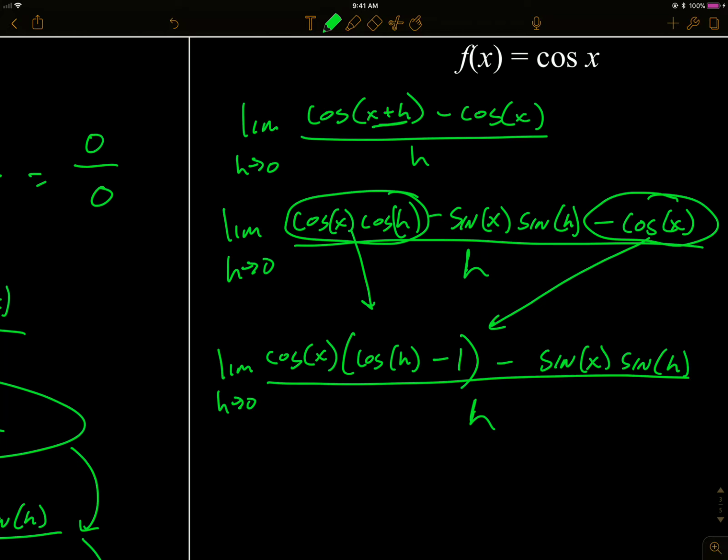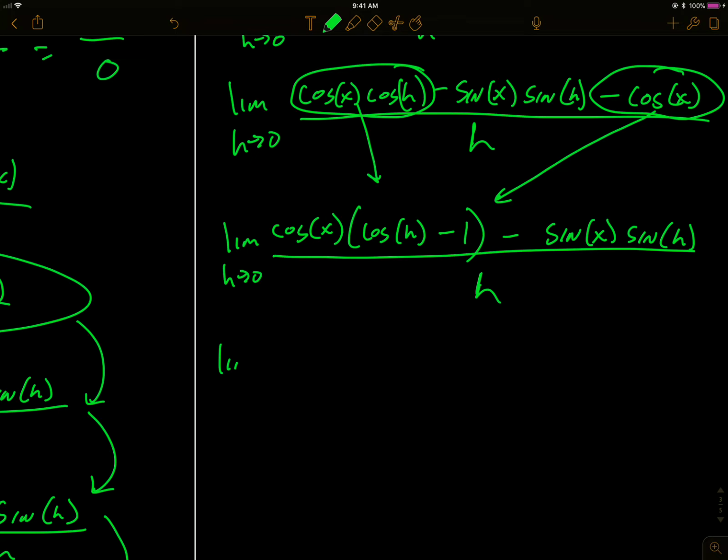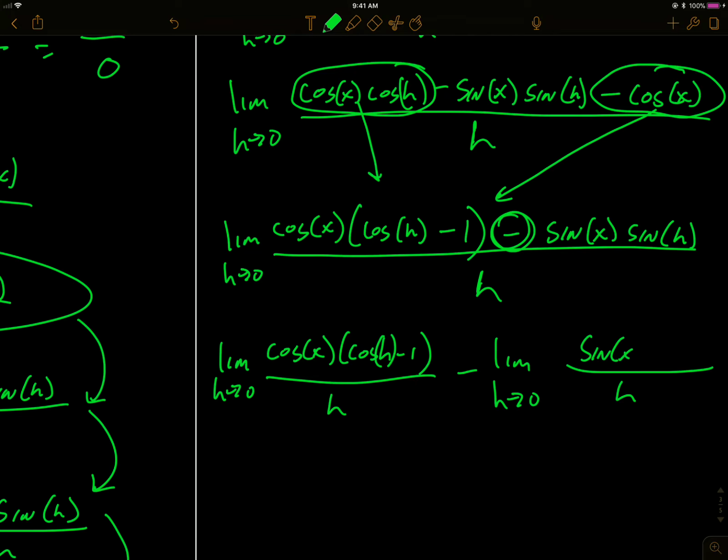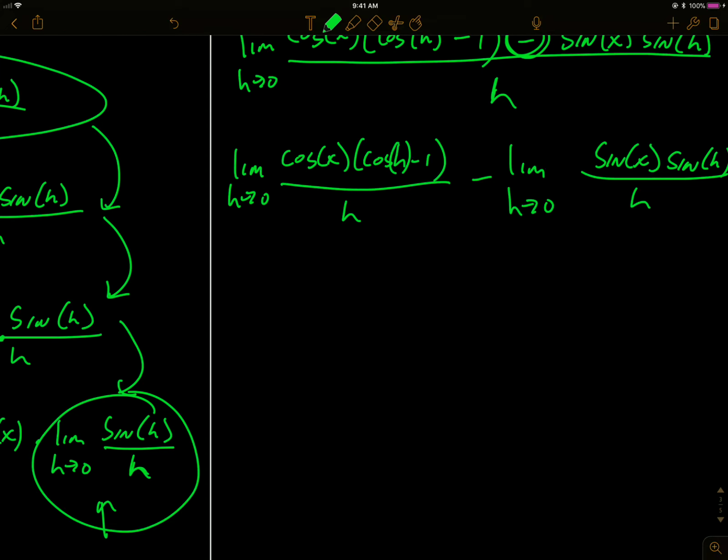So again, if I apply the properties of limits here, I'm going to get the limit of the cosine of x times cosine of h minus 1 all over h minus, so I'm decomposing this subtraction here, the limit as h approaches 0 of sine of x times sine of h. So I apply the properties one more time. Again, whoops, that says h approaches 0.